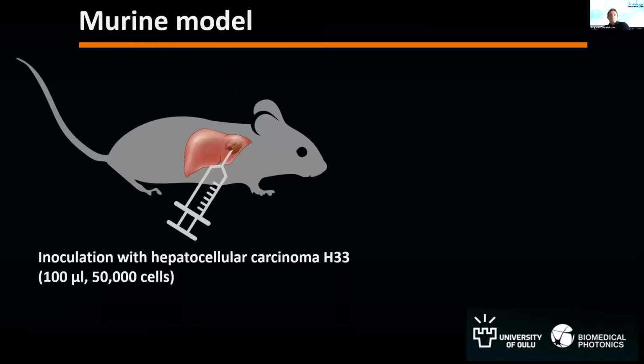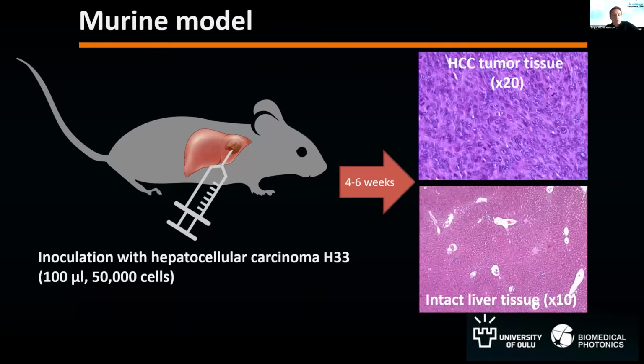In our murine model, we used the hepatocellular cell line H33 inoculated in the liver of mice, waited for 6 weeks, and we found that this type of cancer is extremely malicious.